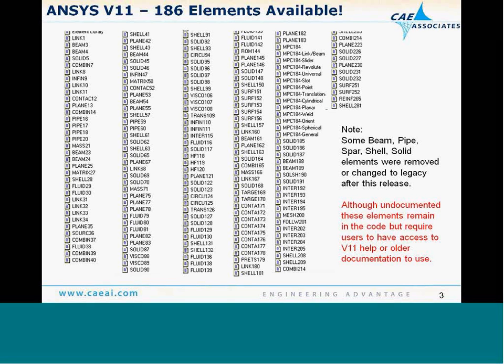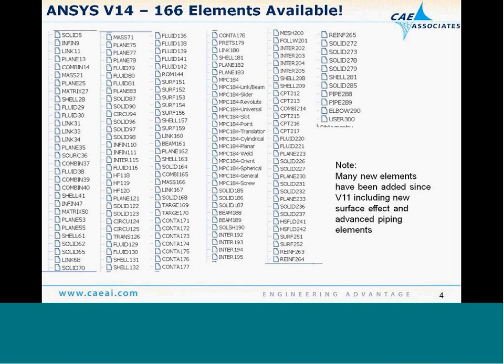Now, the advantage of ANSYS is you have lots of elements to choose from. If you go back to version 11, there's actually 186 different element types available to you. So, a pretty large list, and there's challenges in terms of which element types to select from. All these elements are still in ANSYS. Some have been archived and put in legacy elements, but even now at version 14, we have 166 elements available to us.